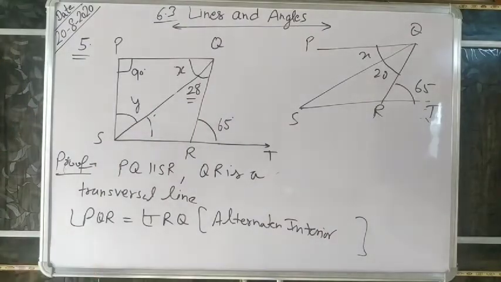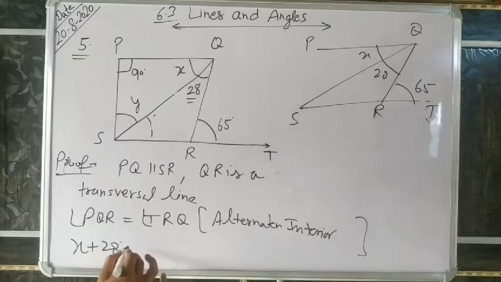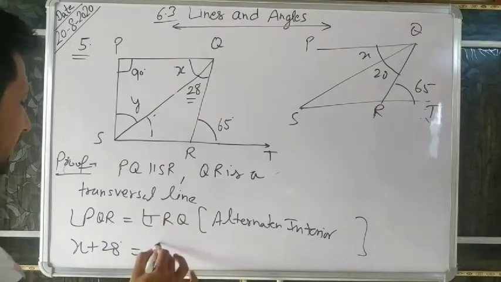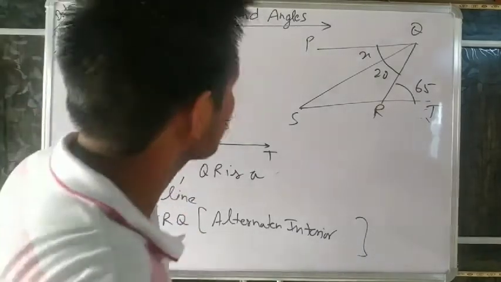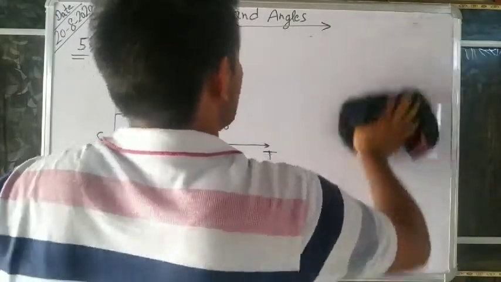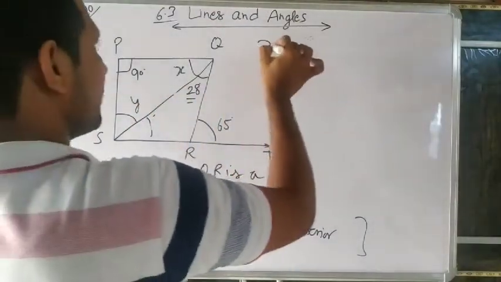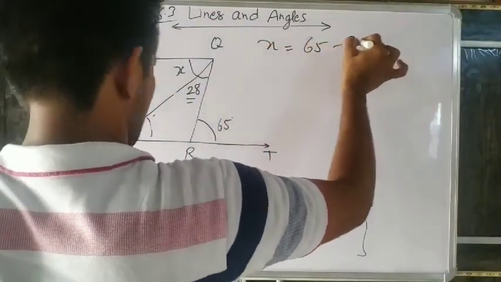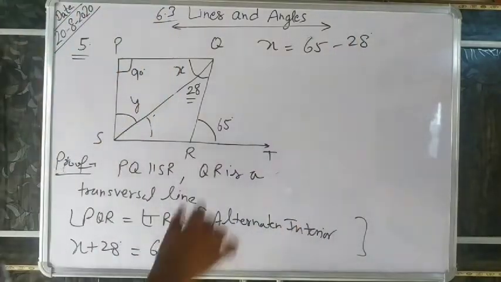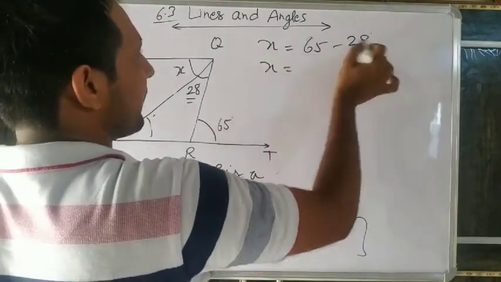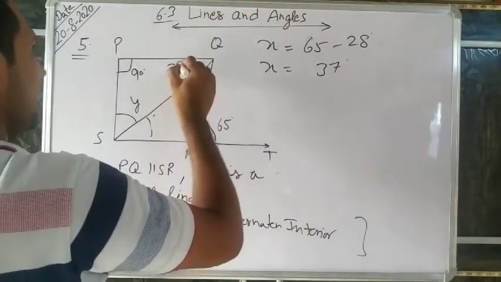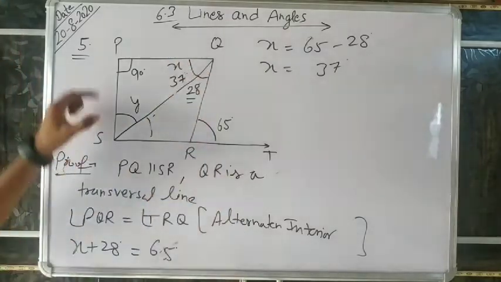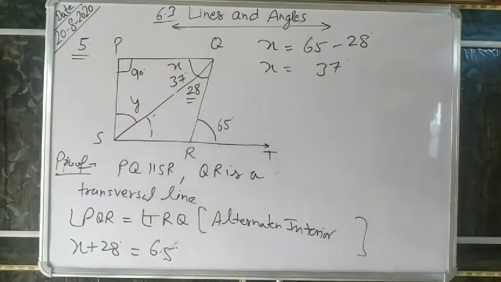Now PQR is X plus 28 degrees, equal to TRQ, 65 degrees. So X equals 65 minus 28. How much remains? 15 minus 8 is 7, 5 minus 2 is 3. So X is 37 degrees.